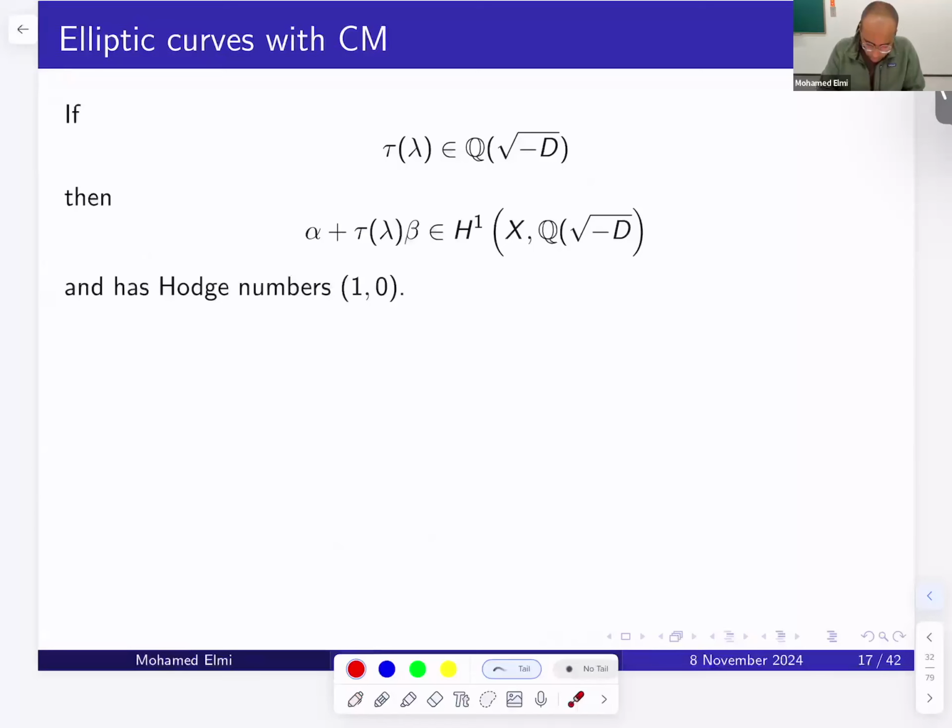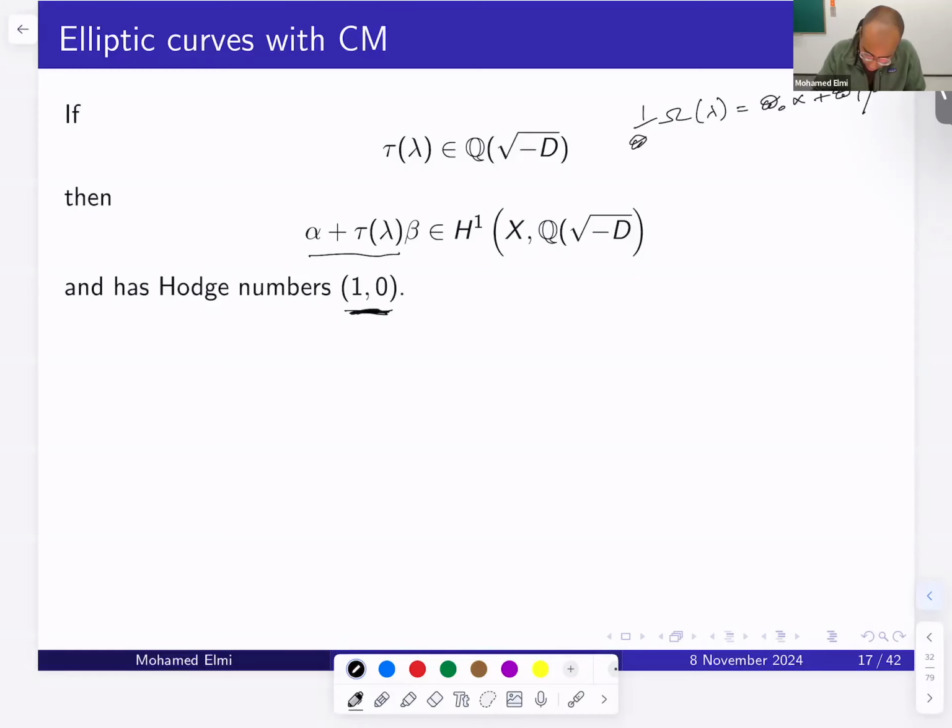So when your elliptic curve has complex multiplication, we have a holomorphic differential, so a 1,0 cohomology class. This is 1,0 because remember our holomorphic one-form was pi0 alpha plus pi1 beta.